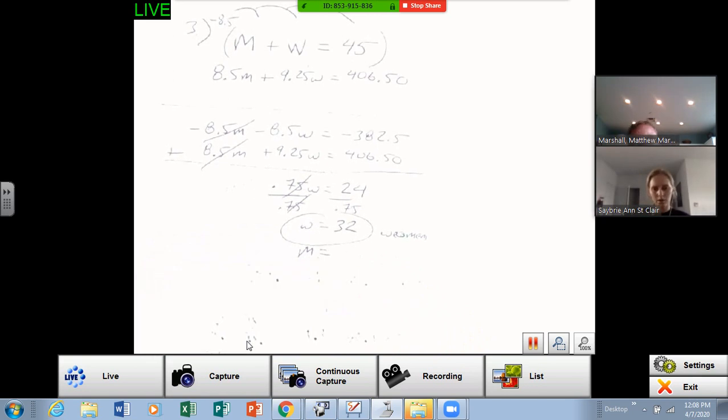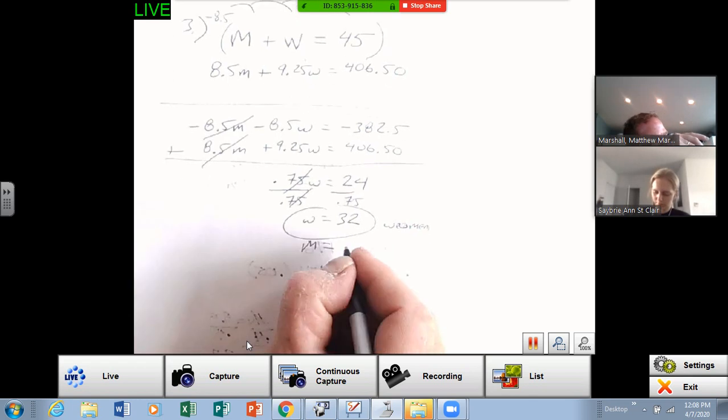Take 45 and there you go. Because the men's shirts would have to be what's left to add up to get you 45. So what do you get? 13 men's shirts. There you go.